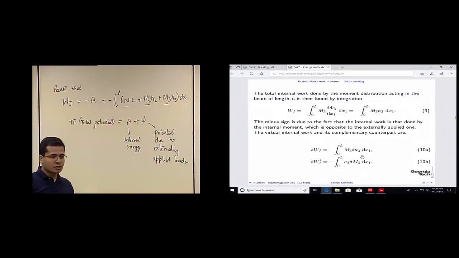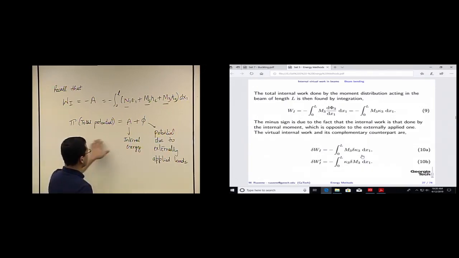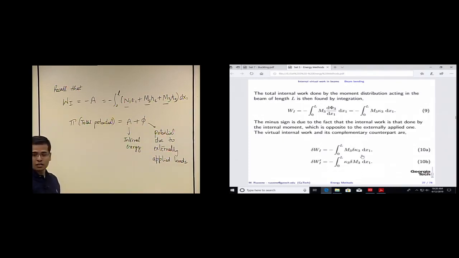So if the bar is rigid, the only internal energy that we have is due to the springs, but if the bar is flexible, we would have energy due to the beam's strain energy, right? The beam's internal energy.